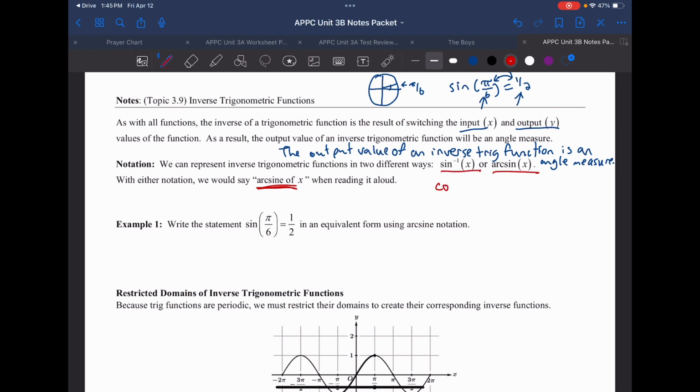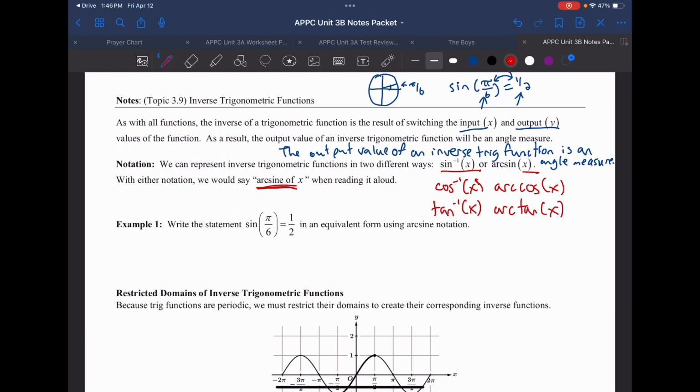Similar with cosine, you could say cosine to the -1 of x, or arc cos of x. Arc sine and arc cosine. And then you've got inverse tangent, which is arctan. These are the exact same thing.